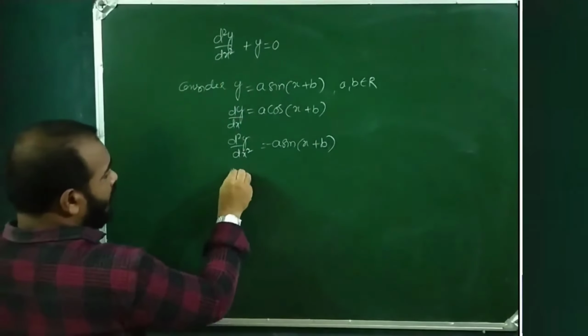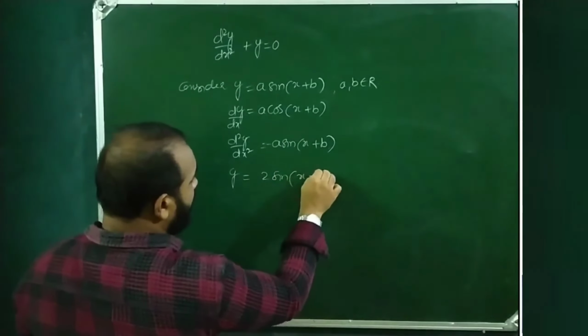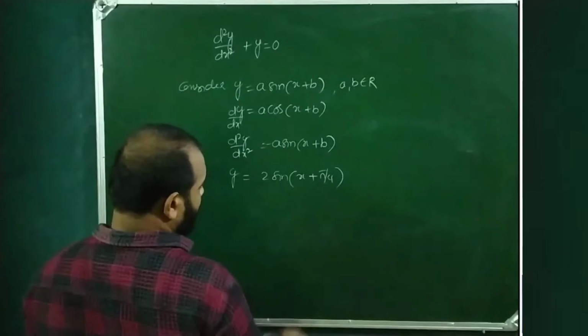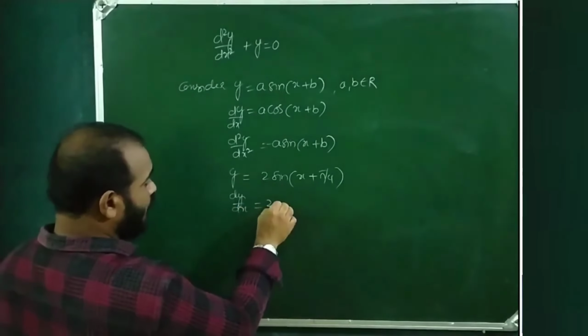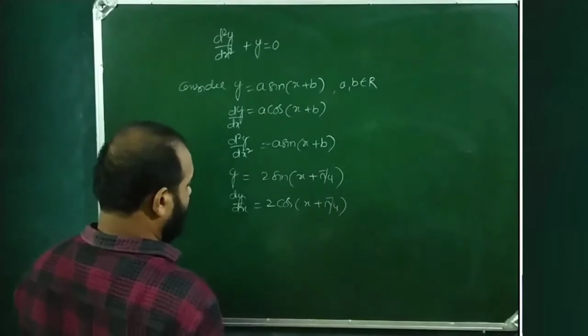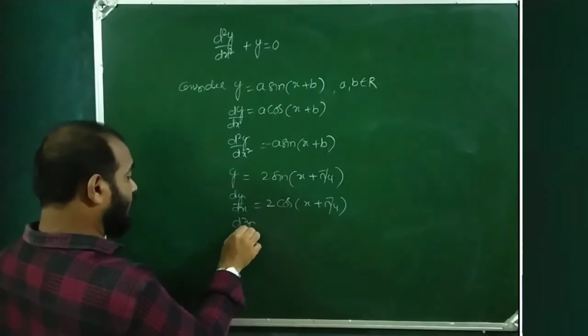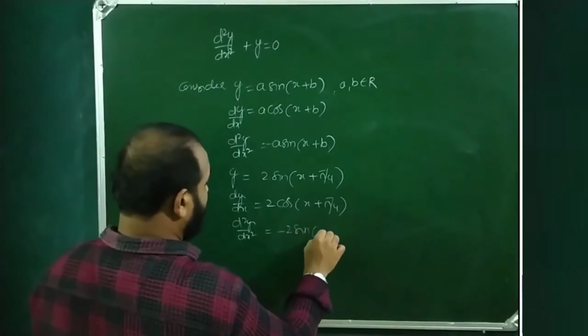And if I take y equal to 2 sine of x plus pi by 4, then dy by dx is equal to 2 cos of x plus pi by 4, and d square y by dx square is equal to minus 2 sine of x plus pi by 4.